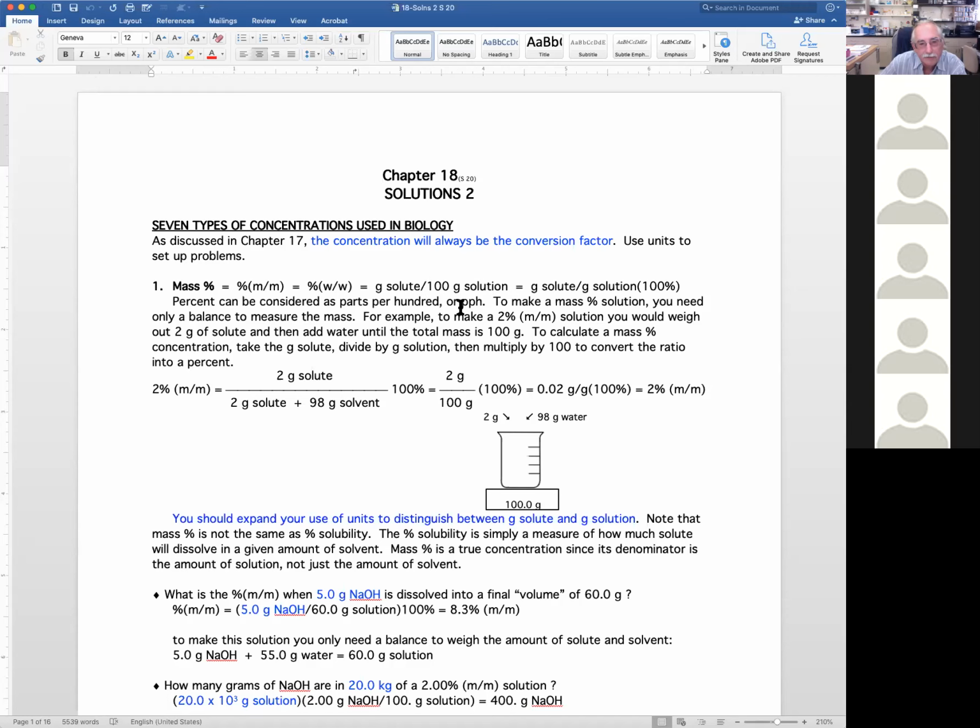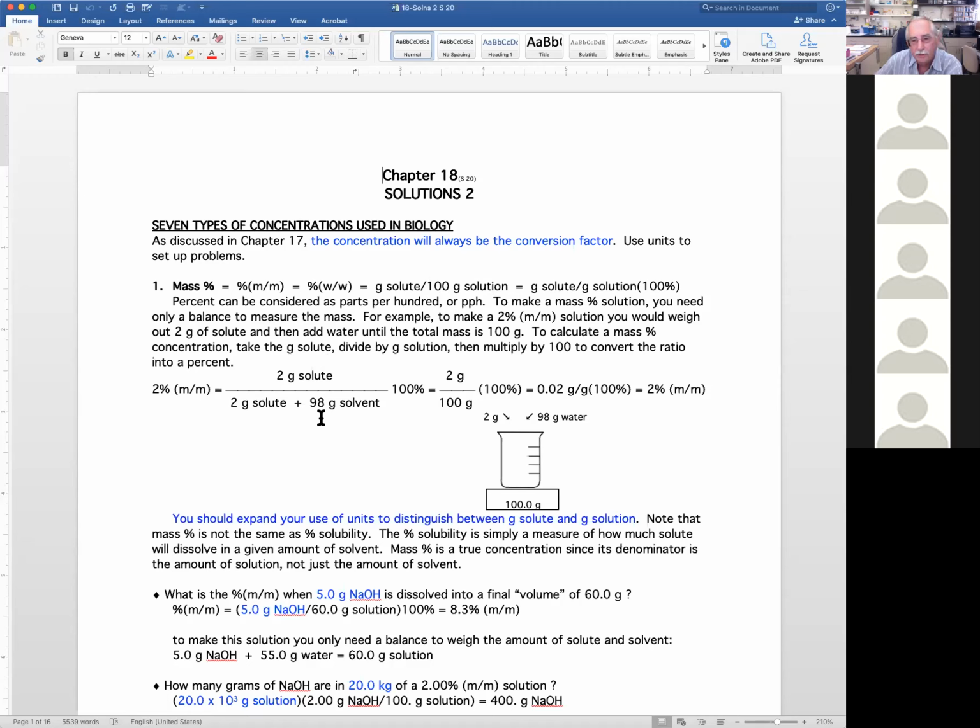So what does it mean if you have a 2% mass per mass solution? That means you got 2 grams of solute in every 100 grams of the solution. But the 100 grams of solution was made by adding 2 grams to 98 grams of water.